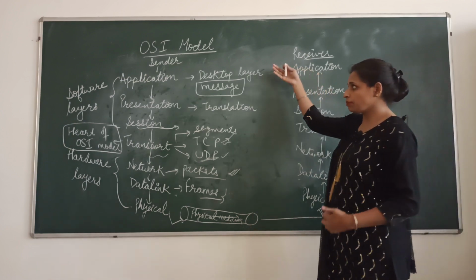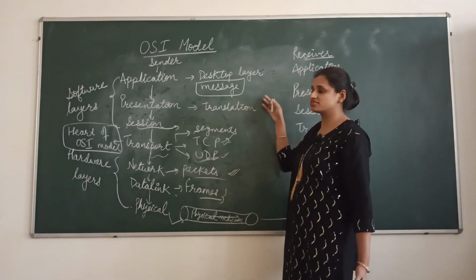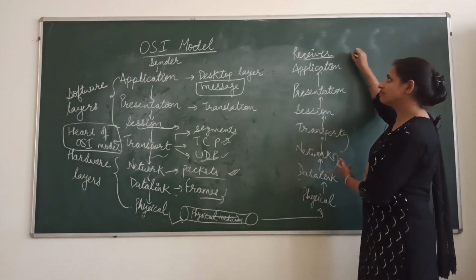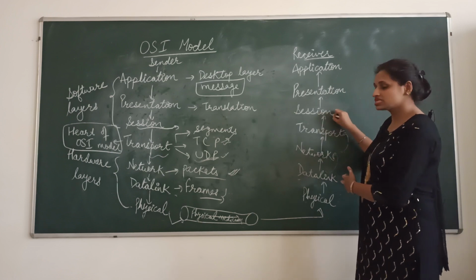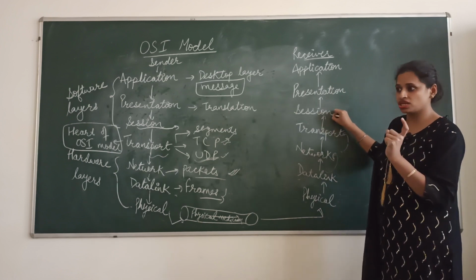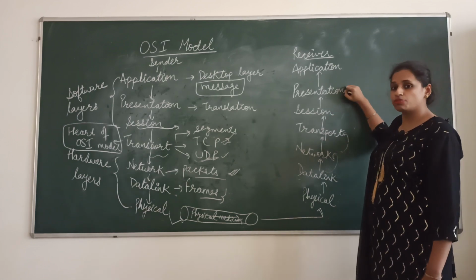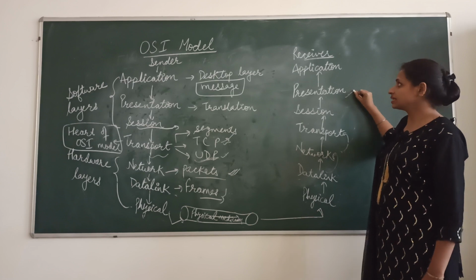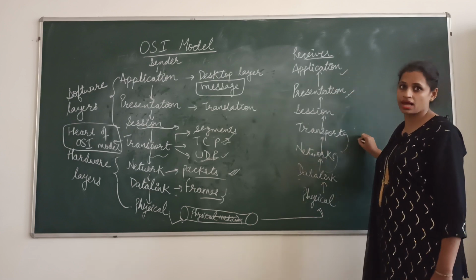Means the same process which we have completed in case of sender transmitting the data, same is repeated for receiving the data. From segments then to session layer, proper session will be maintained. Then presentation means required format is also necessary to present the data. Then application means for which application we are using that.